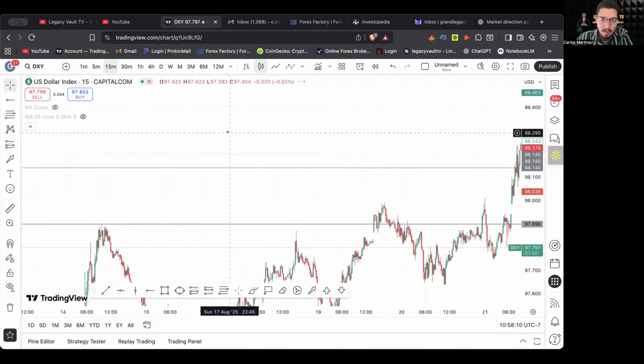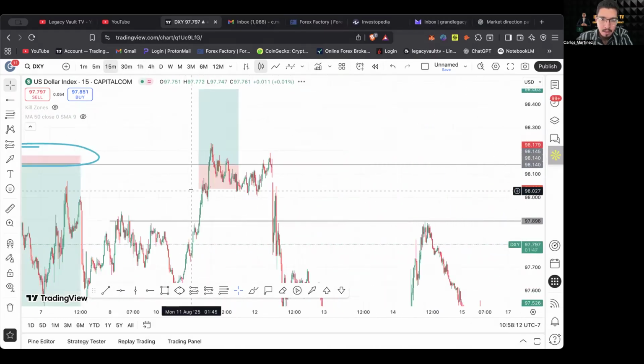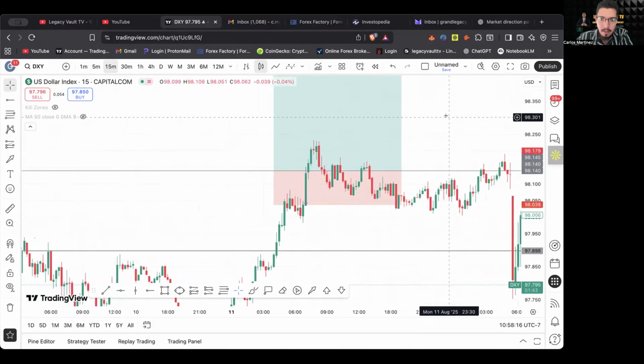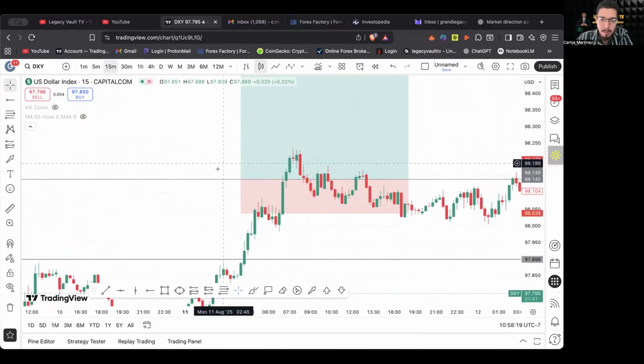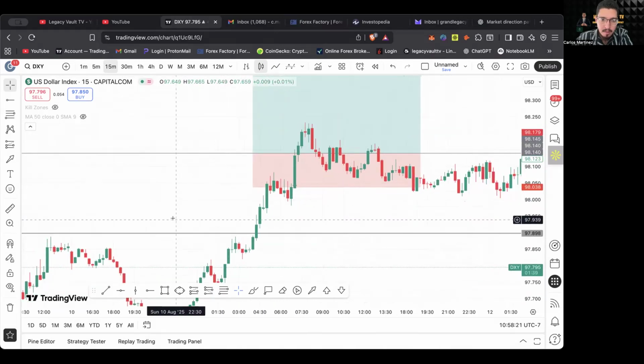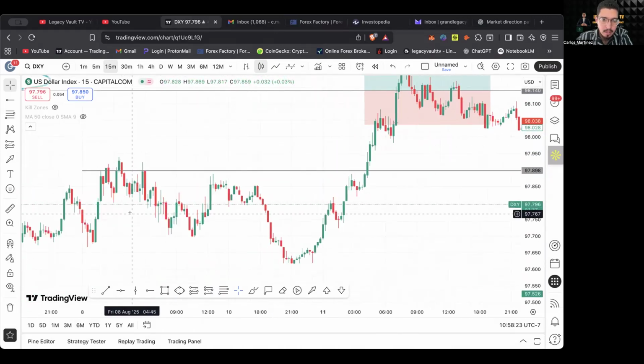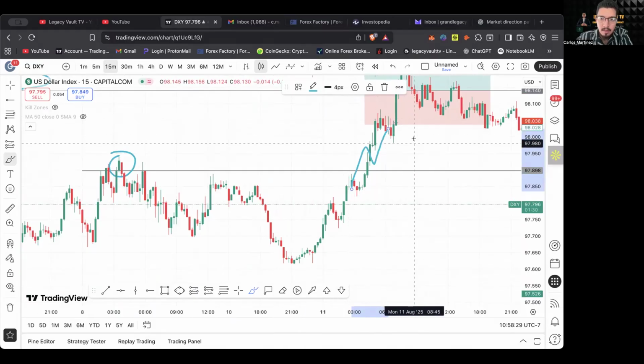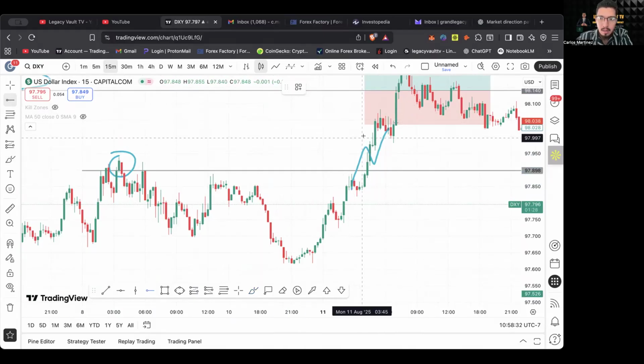When you go down in time frame, when you look at the 15-minute here, you see this was a fake out. People were thinking, oh, it's going to continue up because we see a break of structure here to the upside. Price broke above, retested, and then created another higher high here.